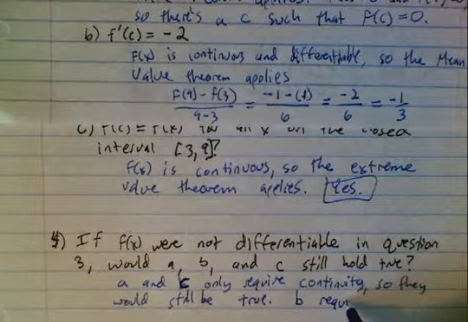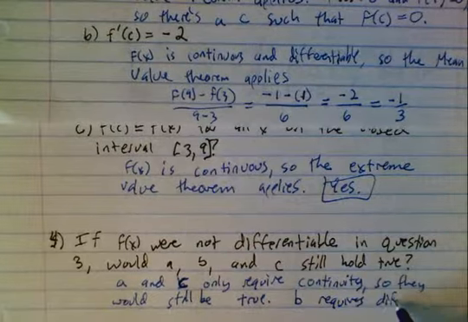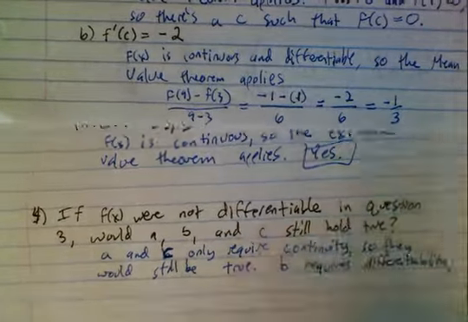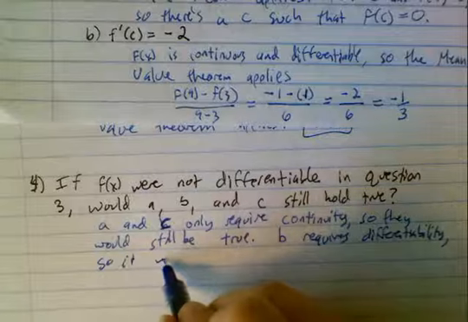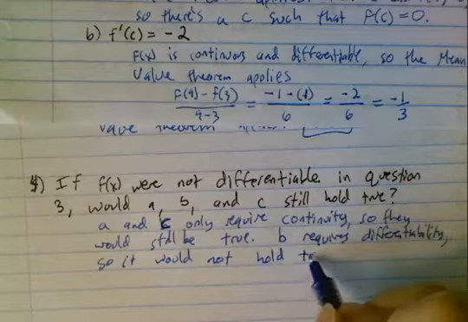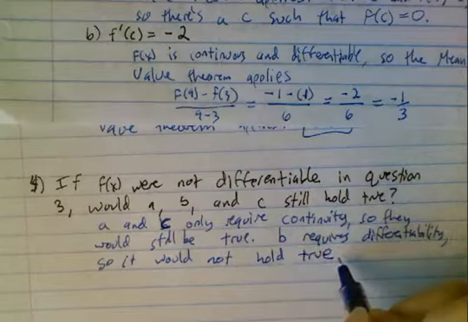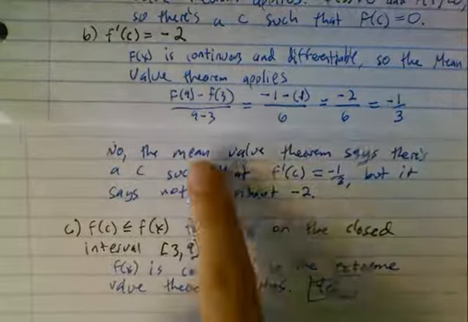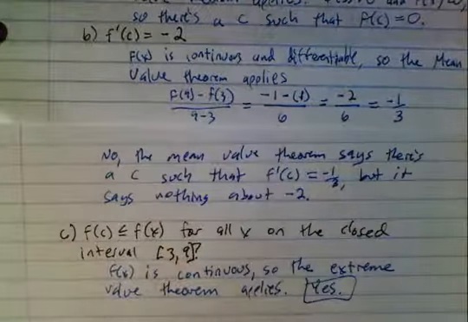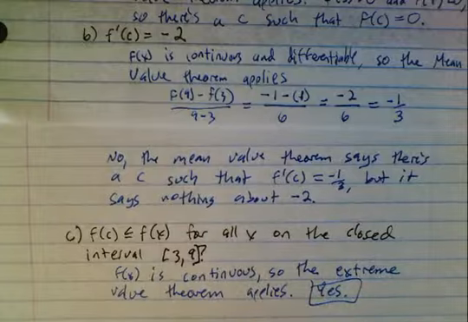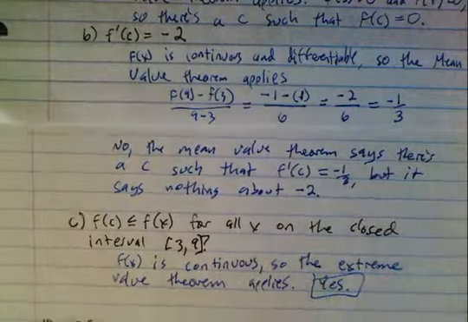B requires differentiability, so it would not hold true. I guess in this case, since we saw that this wasn't true to begin with, it's still not true. But really the key thing is that if we're going to work with the mean value theorem, we have to have differentiability.